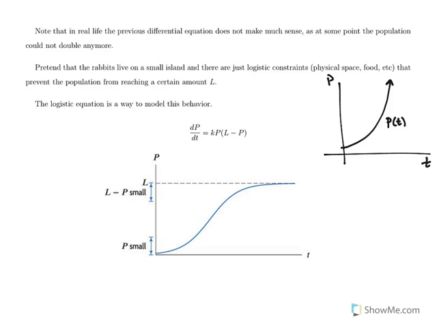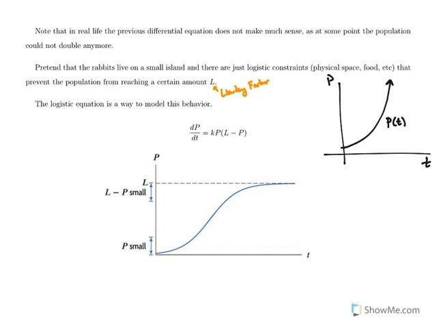There's not enough physical space for the rabbits to just multiply forever. There's not enough food on the island. There may be predators on the island that prevent the rabbits from growing a certain amount, as well as a host of other things. So this limiting factor, that's what this L is actually standing for, is going to be, at some point, as big as the population of rabbits can really get.